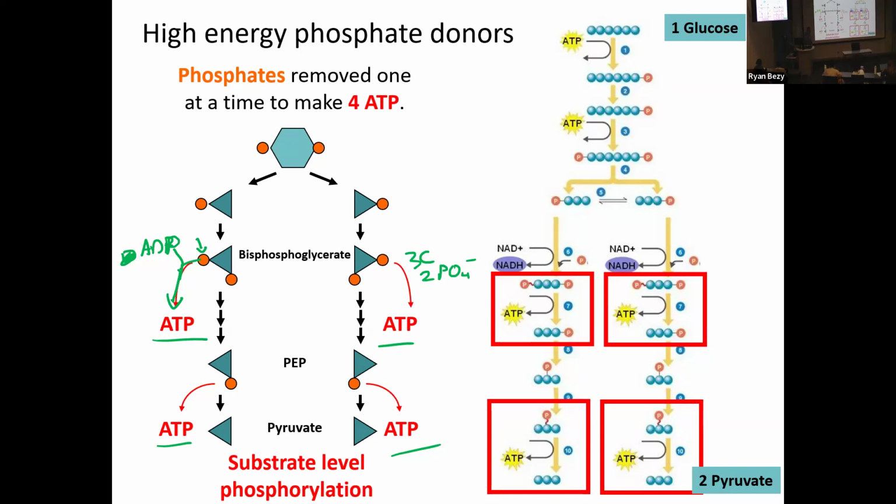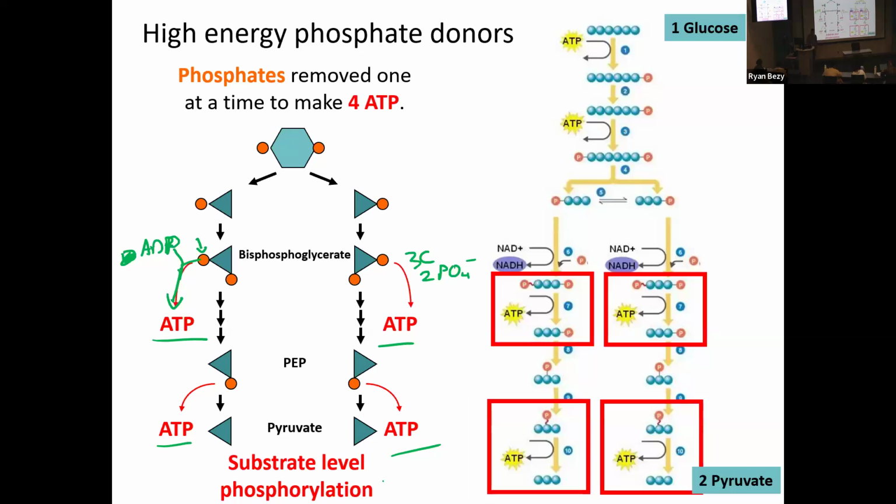This process of stripping the phosphates off of the sugars, these 3-carbon sugars, to then add them on and make adenosine triphosphate is called substrate level phosphorylation. You're stripping phosphates off of a sugar substrate in this case to make ATP.